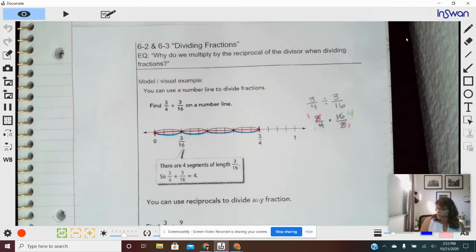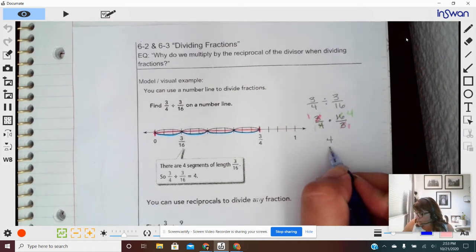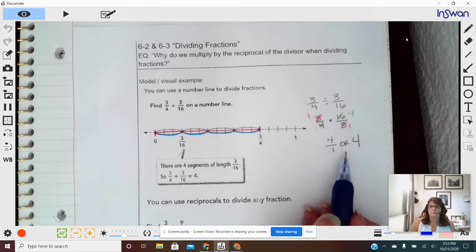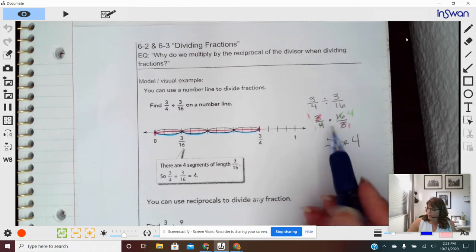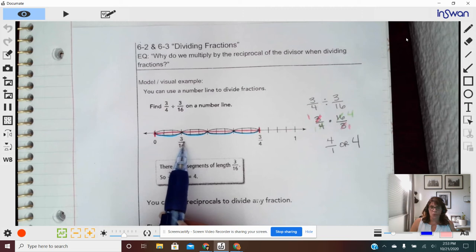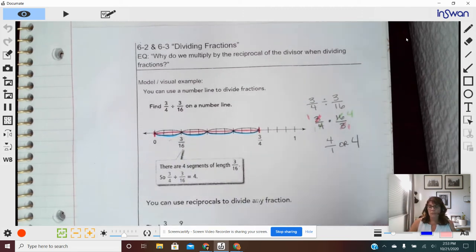So now when I multiply straight across, 1 times 4 is 4. 1 times 1 is 1. So my calculation backs up my drawing, and my drawing backs up my calculation. Hoping that that can help.